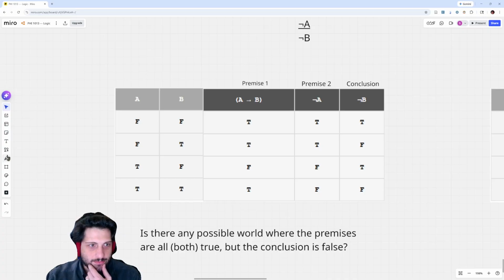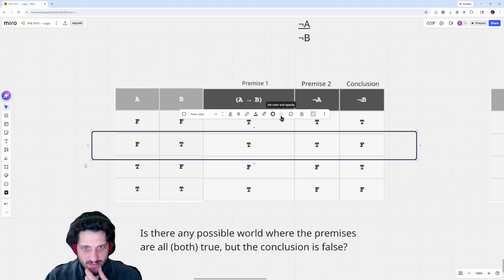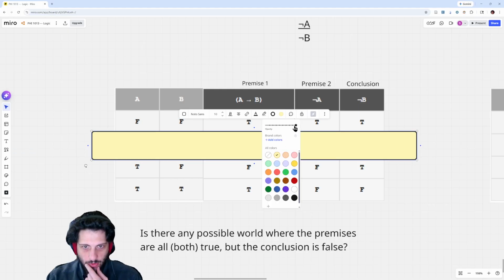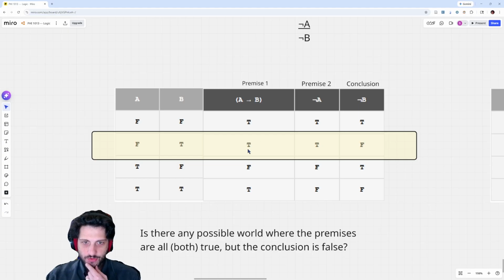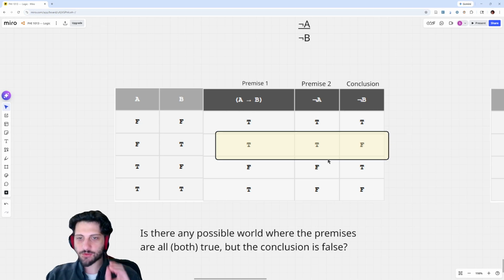But notice, right here, this is a world where we have 2 true premises and a false conclusion. This is what we call an invalidating row.